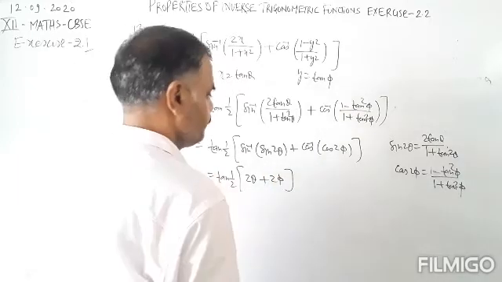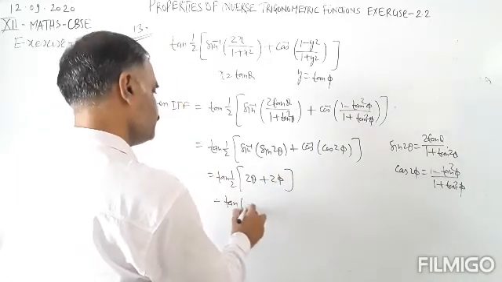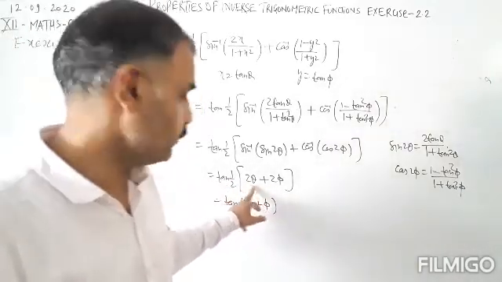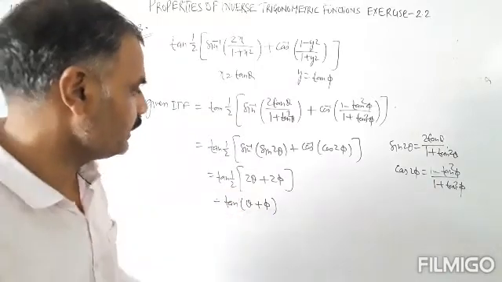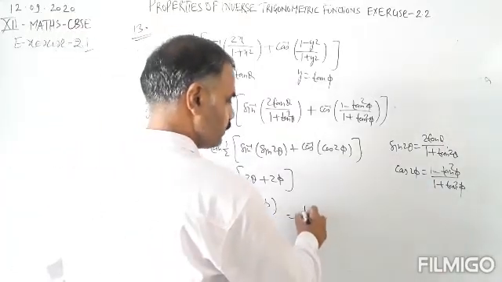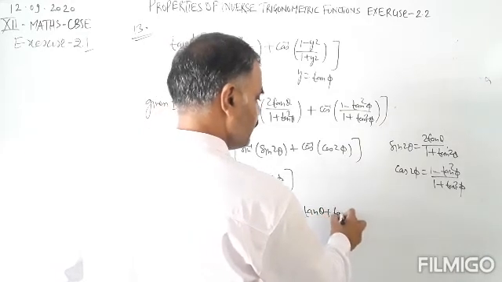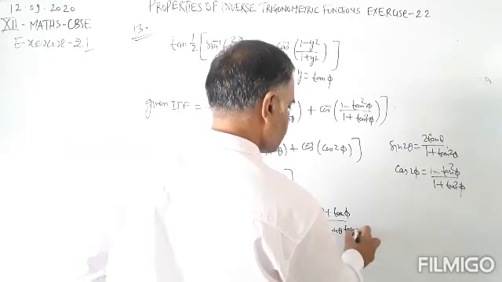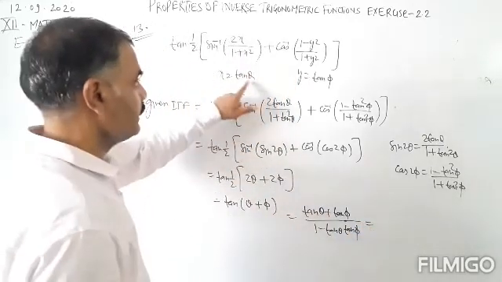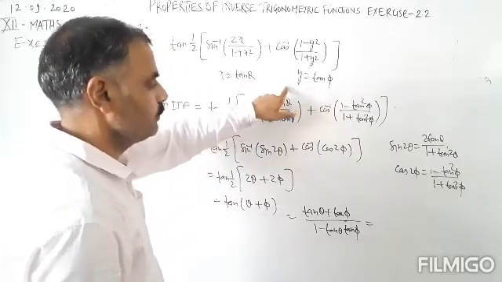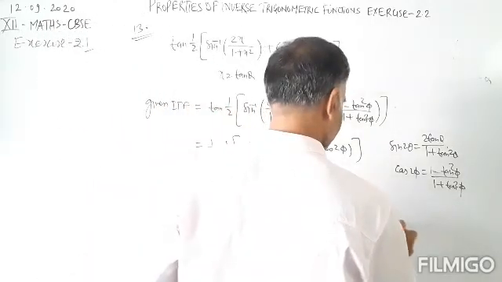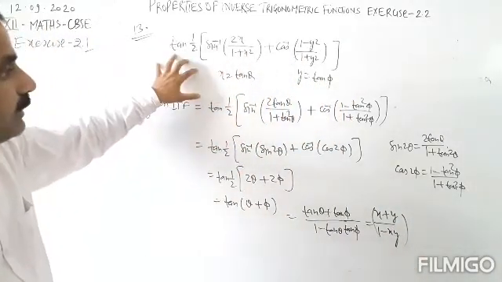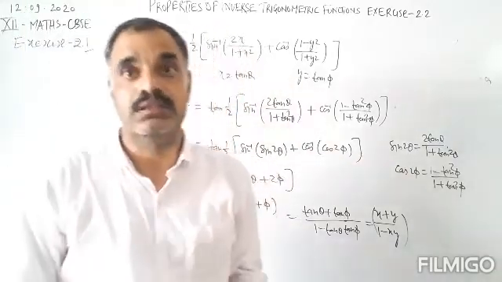Taking 2 as common and cancelling, this is equal to tan of theta plus phi. Now tan of theta plus phi equals tan theta plus tan phi upon 1 minus tan theta tan phi, and tan theta equals x and tan phi equals y. So x plus y upon 1 minus xy. This is the simplest form of the given inverse trigonometric function.